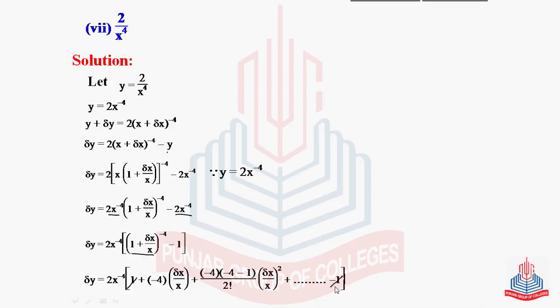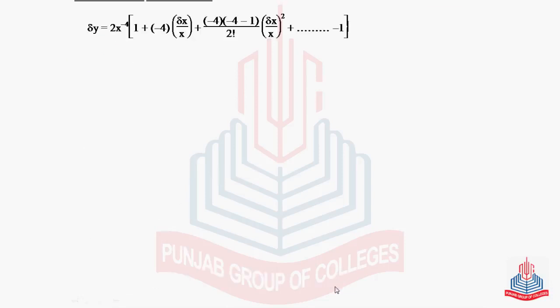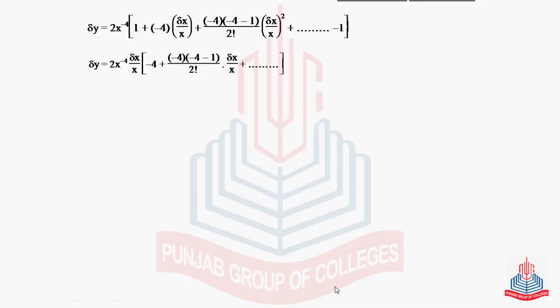So 1 and minus 1 will be cancelled out, and we are left with delta y is equal to 2x raised to the power minus 4, and delta x over x will be a common factor from this remaining portion, and we have minus 4 plus (minus 4 into minus 4 minus 1) divided by 2 factorial into delta x over x, and so on.